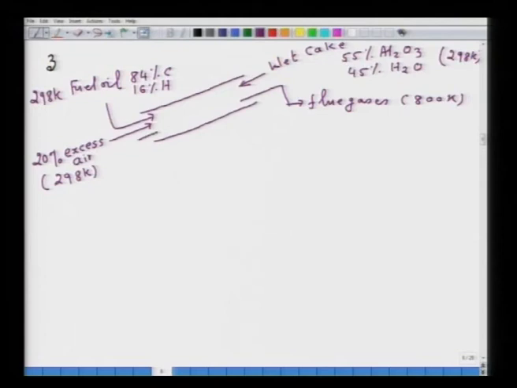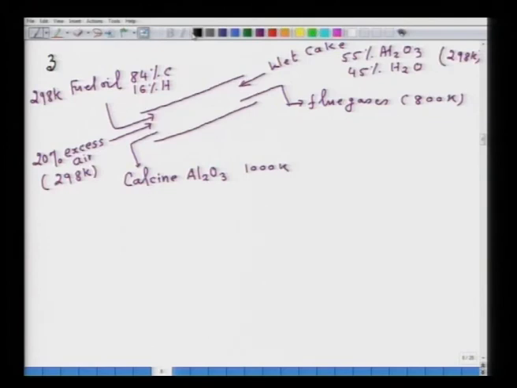Then you have calcine alumina, which is at 1000 Kelvin. So, that is what is given to us. Now, as usual, we have to perform the heat balance.